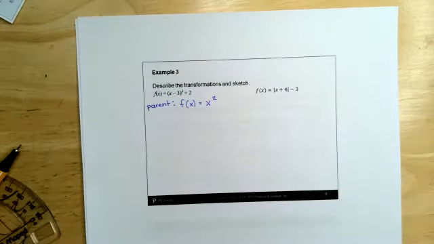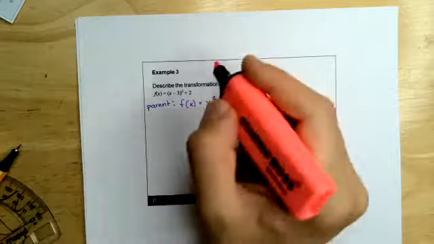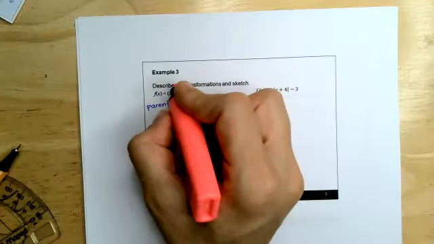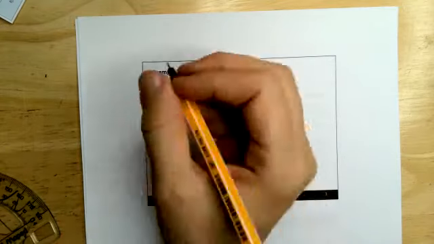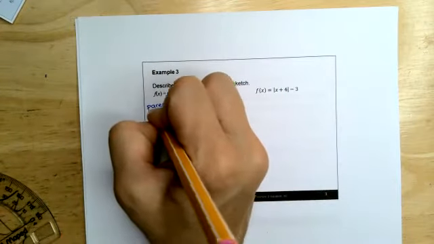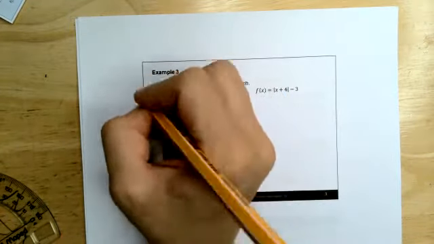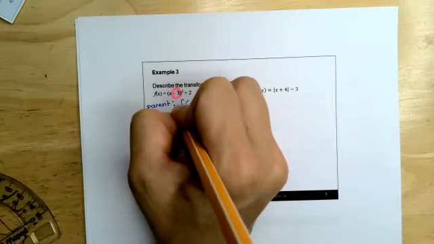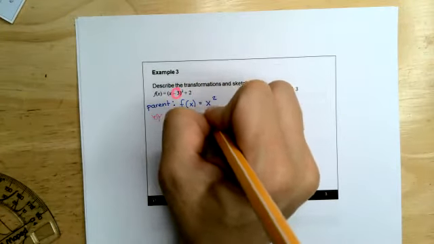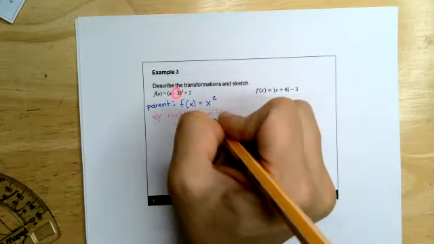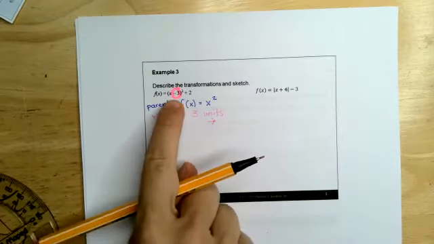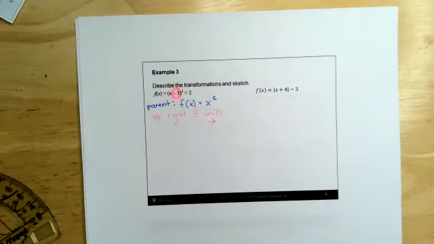All right, and then because of this -3 within the grouping symbols, that -3 means I'm going to move it right 3 units. Right 3 units is positive on the x, so it's opposite the sign. So that -3 means I'm moving it right 3 units.